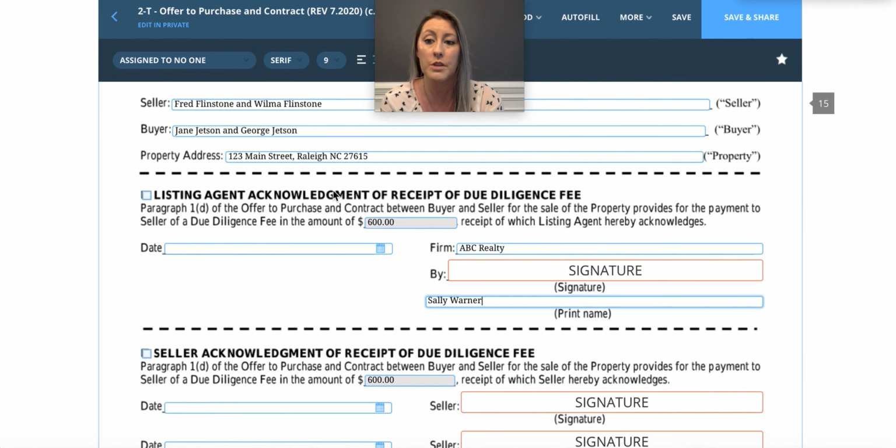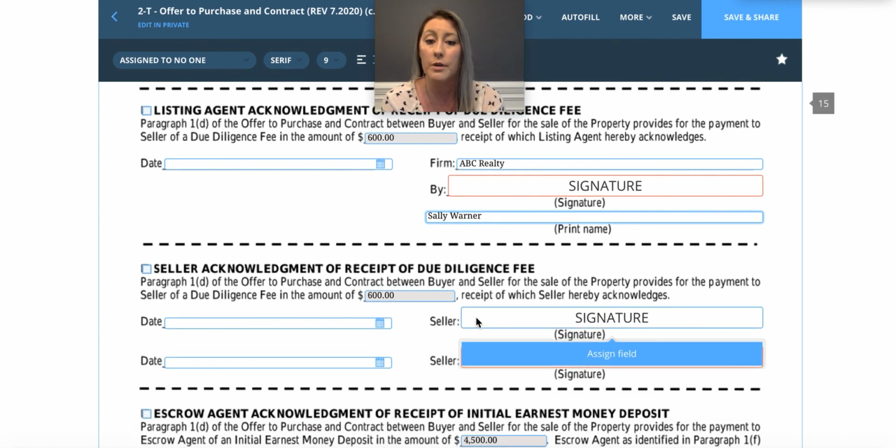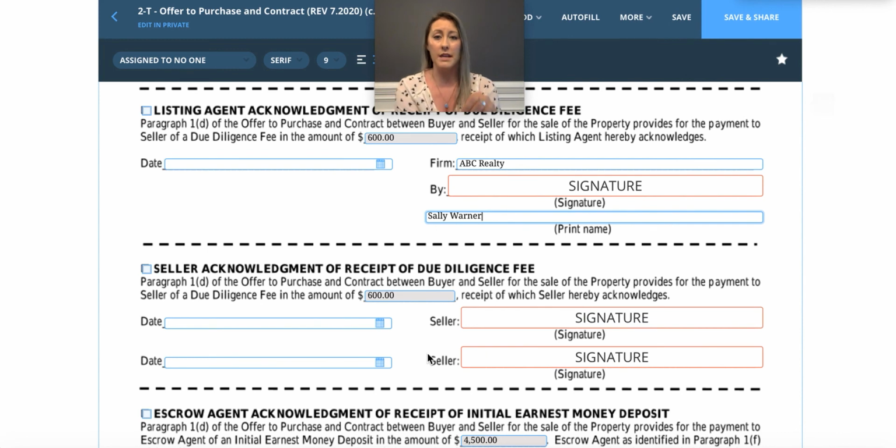Again, so this would be the listing agent acknowledges receipt of due diligence. So if you give it to the listing agent, they will sign here. If for whatever reason you end up meeting up with the actual seller and you give it to them, you can have them sign there. The listing agent should have their sellers sign this document saying that they got it as well.